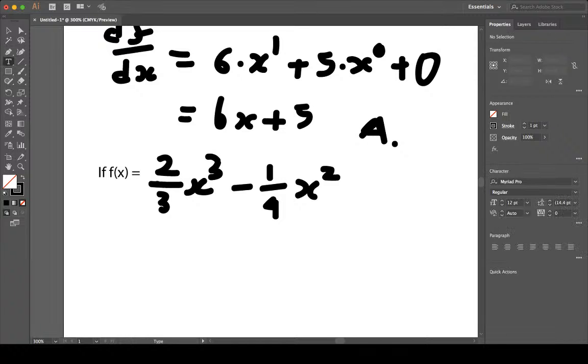Yep, there we go. Space, and then function derivative of x equals to something.